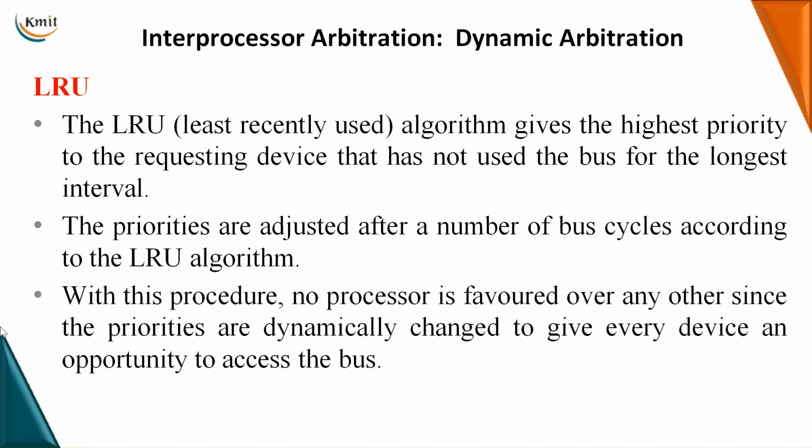With this procedure, no processor is favored over the other, since the priorities are dynamically changed to give every device an opportunity to access. Whichever device has been waiting for the bus for the longest period of time will be given access to the bus, so that all the devices are treated equally.